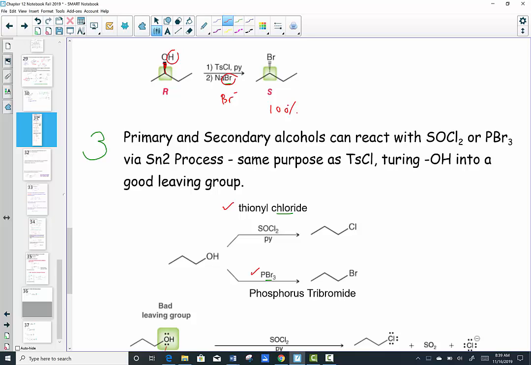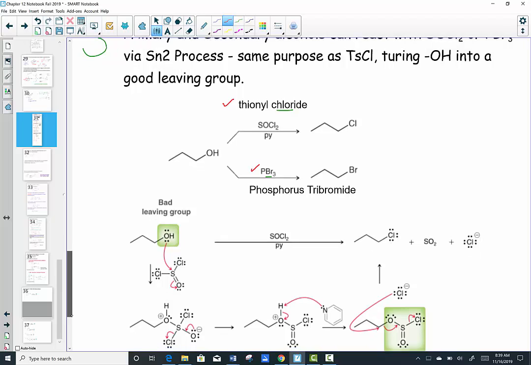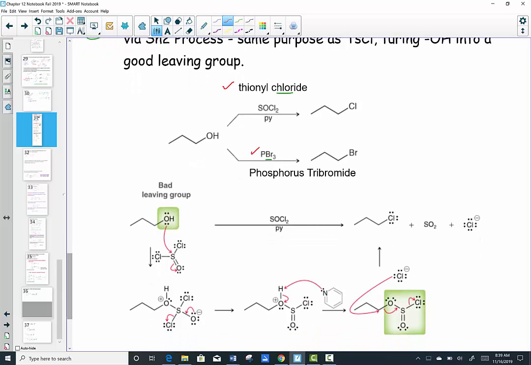So the same process. Let's share that mechanism. Overall, if I have a bad leaving group, an alcohol group, and I see on the arrow SOCl2 and a workup of pyridine, notice that this is a source of chlorine, very specific to the addition of chlorine. You'll exchange the hydroxyl group for the chloro group.